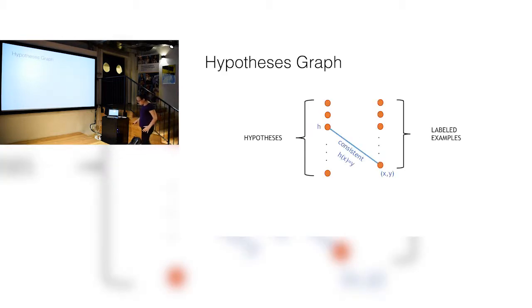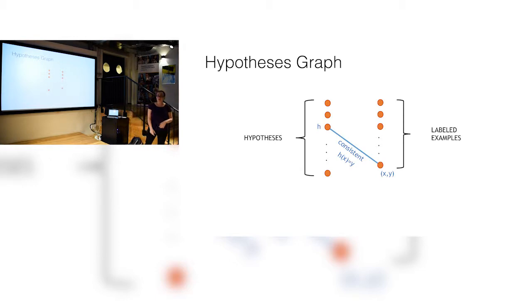Okay, so I want to tell you about my answer, but before that, I will introduce one more graph, which is the hypothesis graph. So let's think of a way to take a hypothesis class and consider it as a graph. Okay, so what are the components of a hypothesis graph?